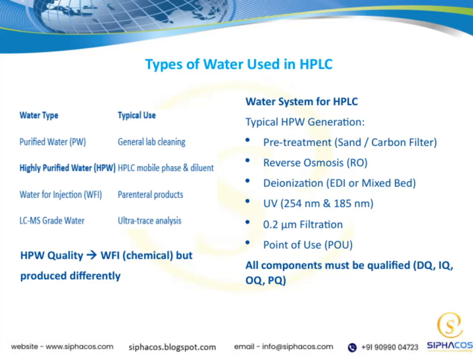Let's talk about the water quality for HPLC, specifically WFI, or water for injection, which is classified as chemical-grade water, but it's produced through a different process. The water system for HPLC involves several key steps to ensure the water meets the strict purity standards required for accurate analysis.